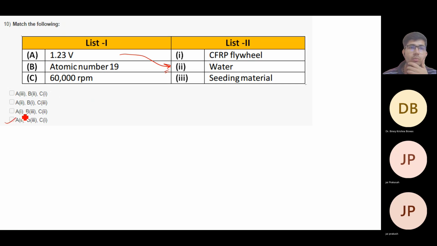So A2. B is atomic number 19, it will be the seeding material. And the 6000 RPM is with the CFRP flywheel. The correct option is A2, B3, and C1.